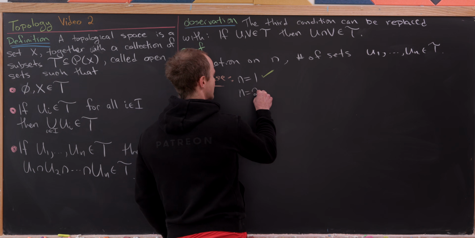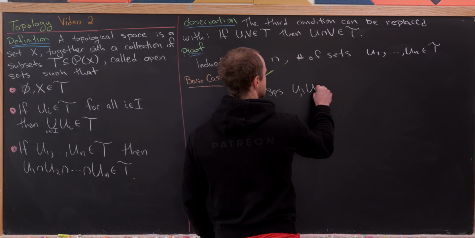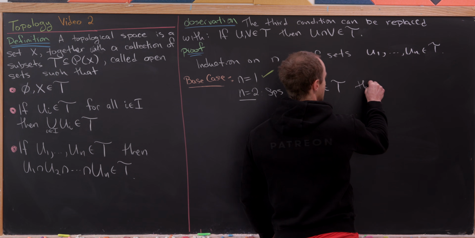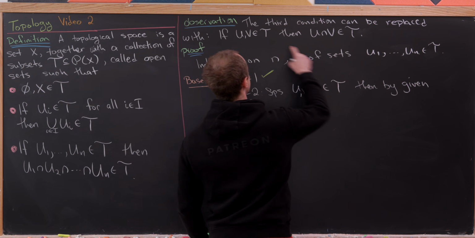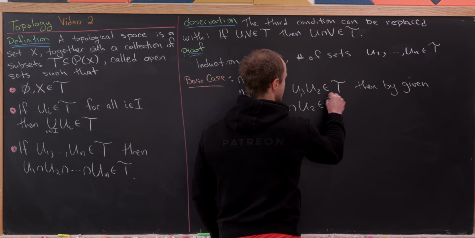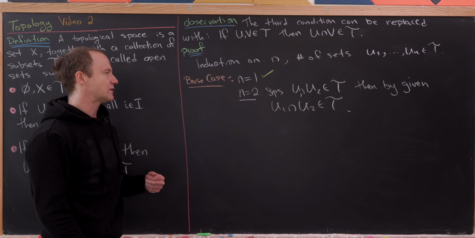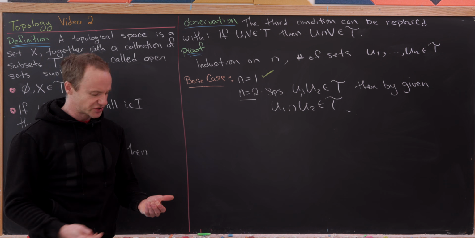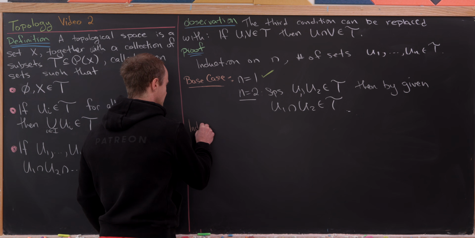Let's look at the case n equals 2. Suppose that U_1 and U_2 are open, in other words, they're in T. Then by our given condition, we know that U_1 intersect U_2 is open, in other words, it's in T. So the n equals 2 case pretty clearly follows, since we're essentially assuming the n equals 2 case.